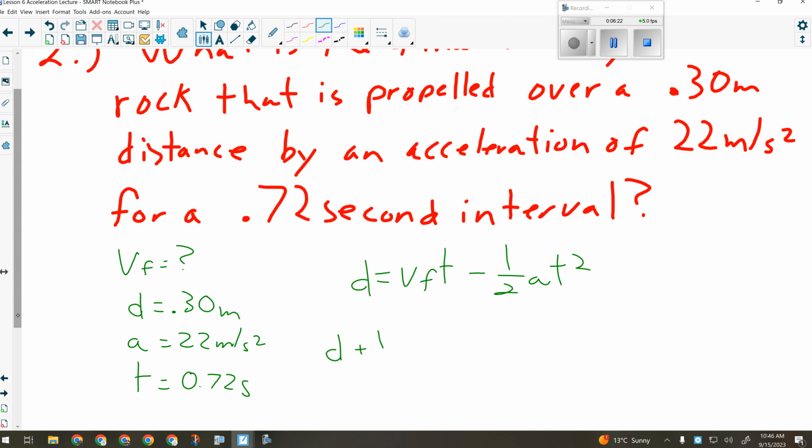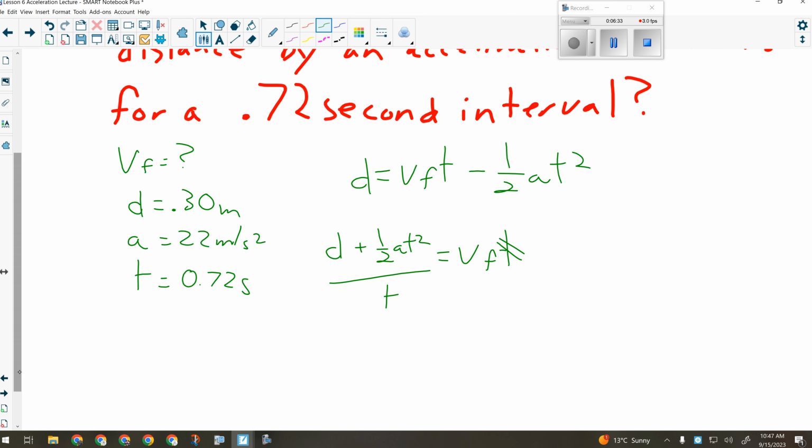So D plus 1/2 AT squared equals VF times T, and then I'm just going to divide both sides by T. That'll leave me with VF, and then I can plug in my numbers. So 0.30 plus 1/2 times 22 times 0.72 squared, divided by 0.72.